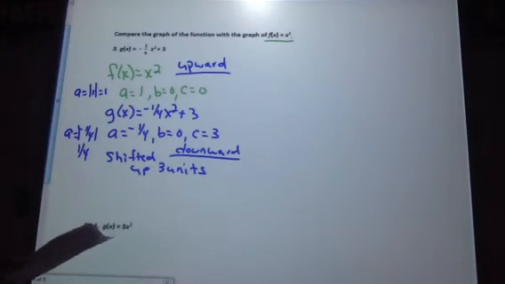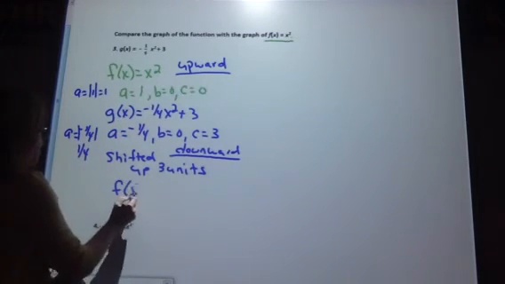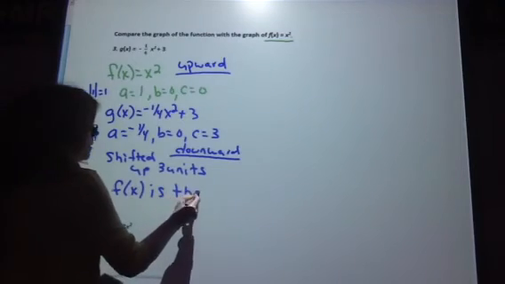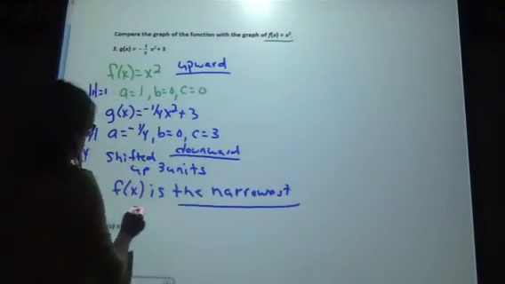Okay, so the greatest number is the one that is the narrowest. So let's see, 1 is greater than 1/4, so f of x is the narrowest.